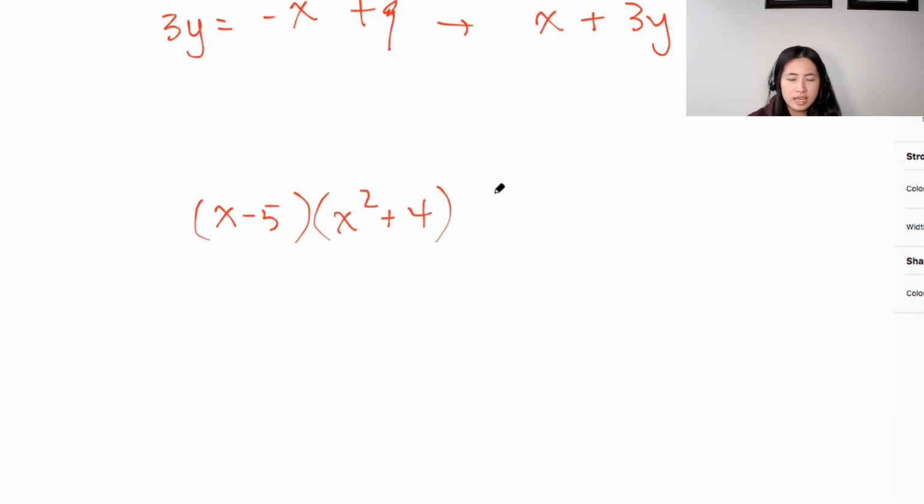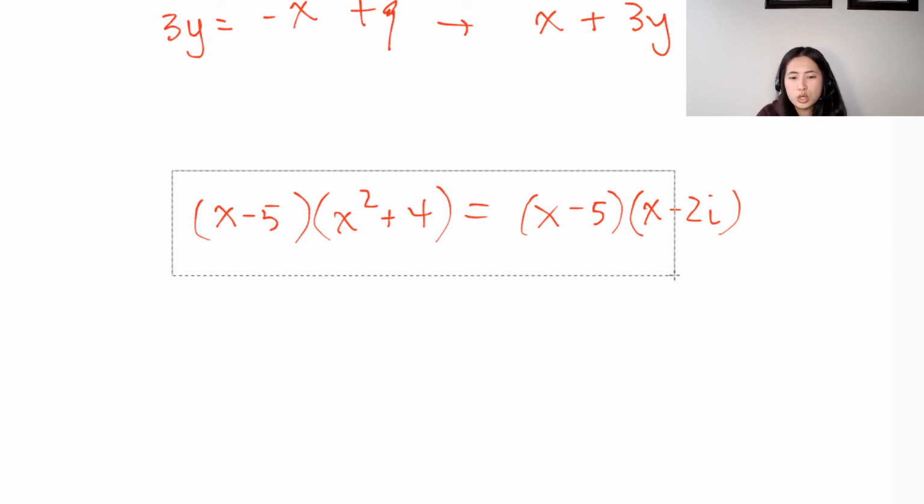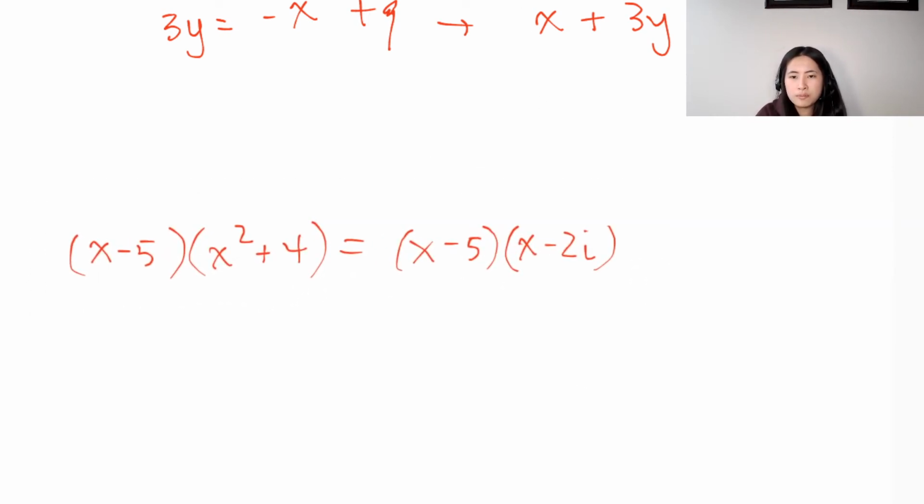When they're trying to say that, you can actually expand this and say, okay, you have x minus 5, and then this is going to be x minus 2i. The only way for you to factor this is to have imaginary numbers. So x minus 2i, and this is x plus 2i. So these are the conjugates of each other because this is minus and this is plus. That's what they mean by conjugates.